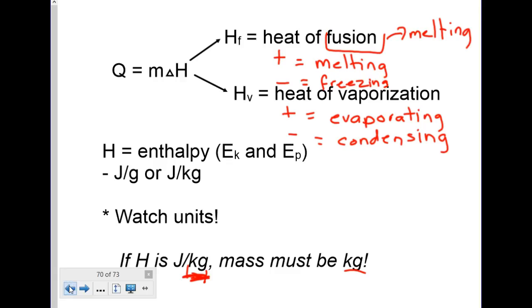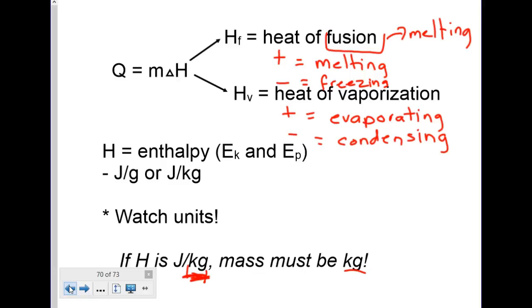Are you using heat of fusion or are you using heat of vaporization? Condensing water. That's vaporization. But remember, condensing is just the negative value of the heat of vaporization.